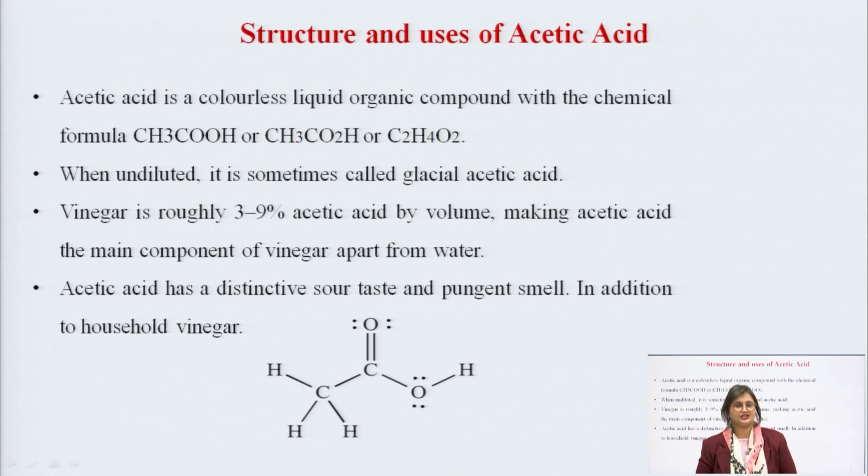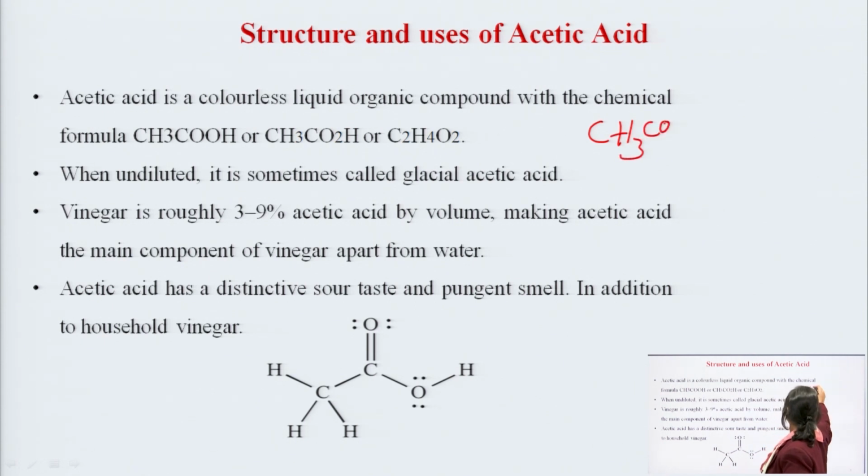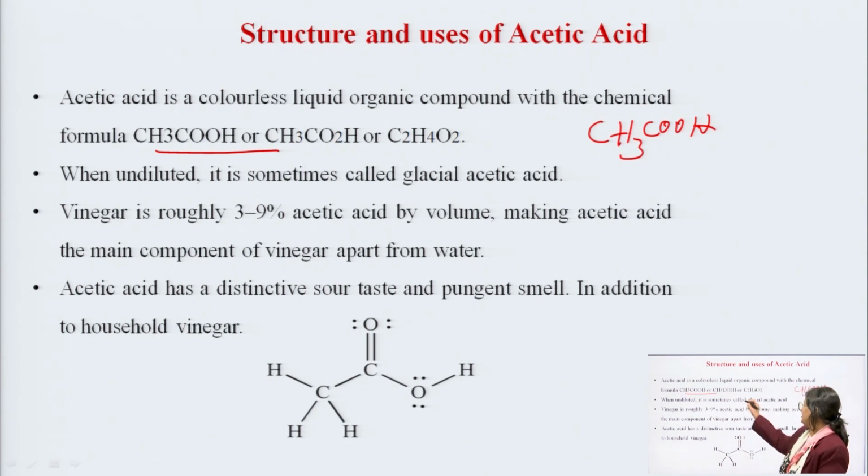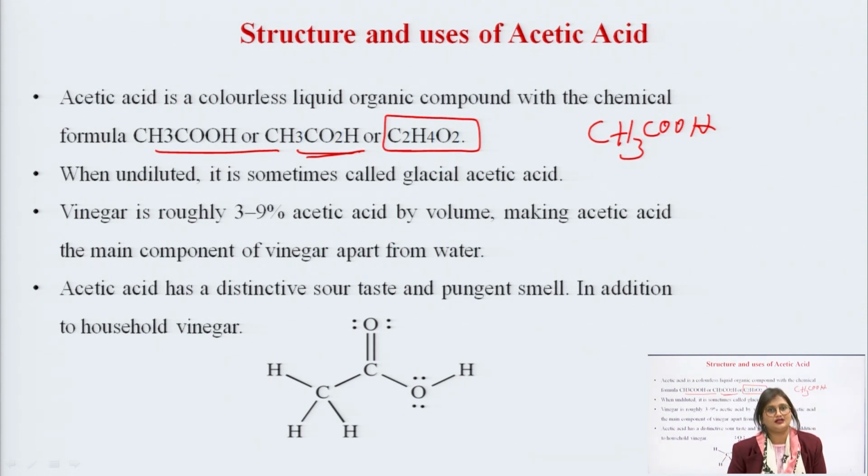Structure: the first derivative of carboxylic acid is acetic acid. The structure of acetic acid is CH3COOH, which can also be written as CH3CO2H, with a molecular formula of C2H4O2.